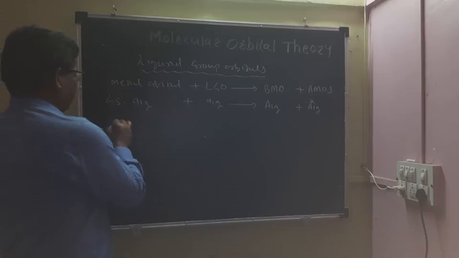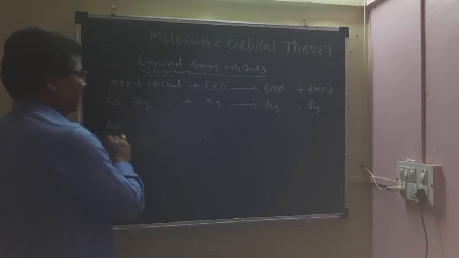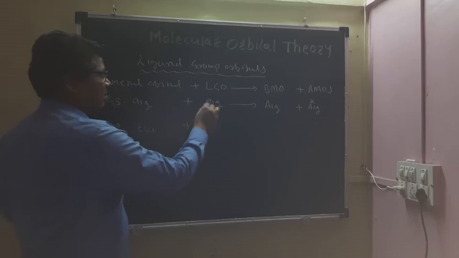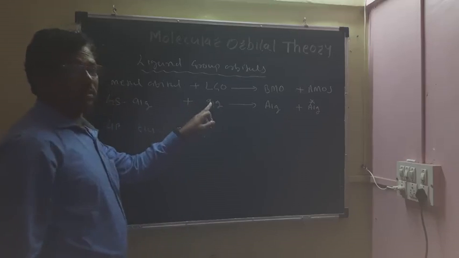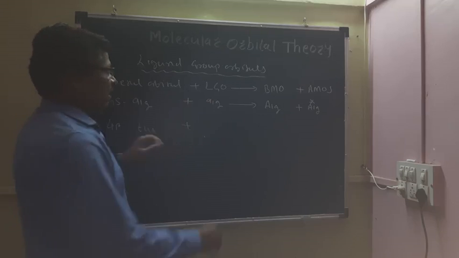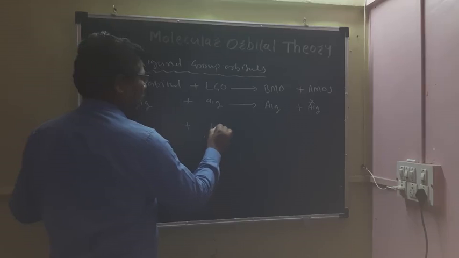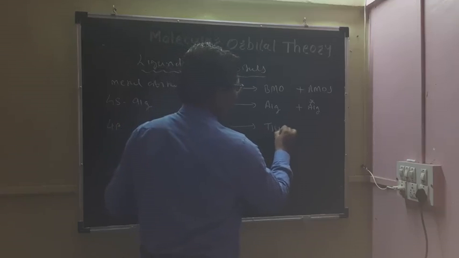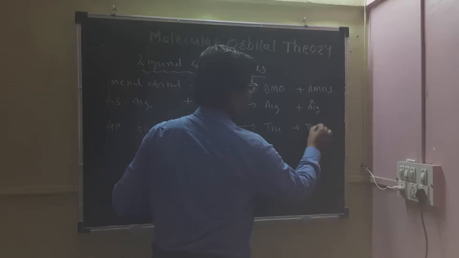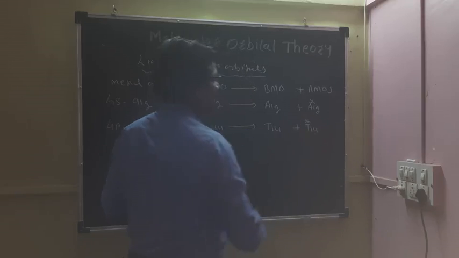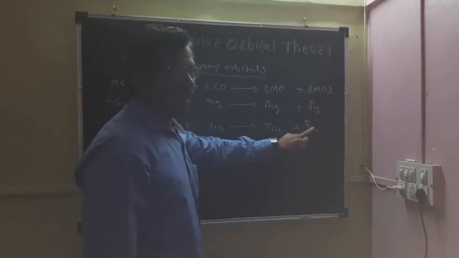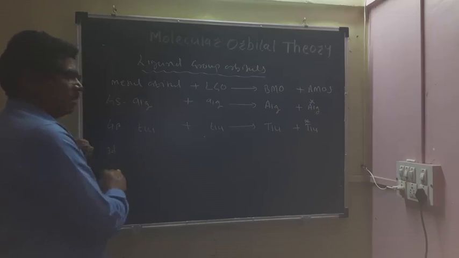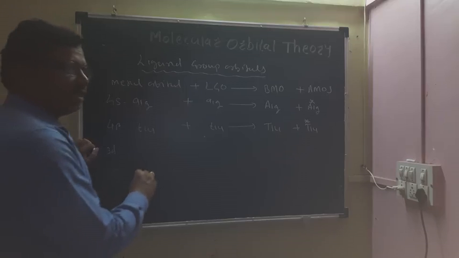Similarly, the metal 4p orbitals are t1u, and the ligand orbitals px, py, pz are also t1u, to form t1u and t1u star anti-bonding orbitals. One is bonding, another is anti-bonding. And the 3d orbitals here.